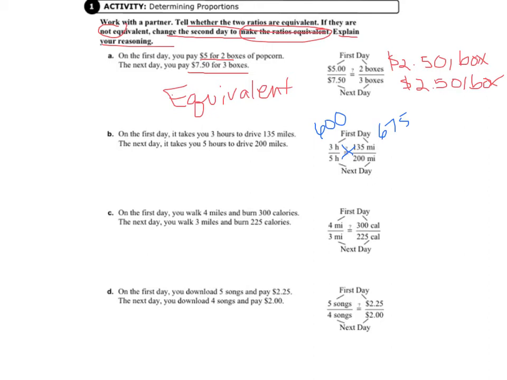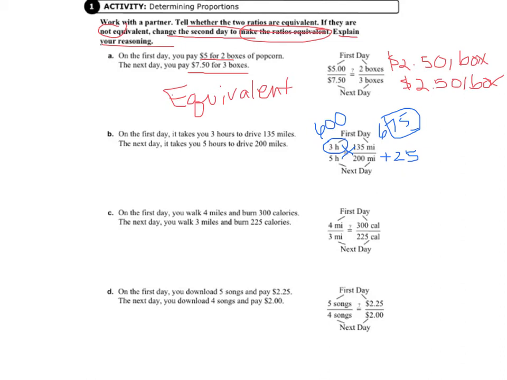So in order to fix that, one way is to think about your 75 miles and realize that on the first day you had 3 hours to divide 75 by. So the missing 75 miles that you need to make up: 75 divided by 3 is 25. If you add that 25 onto your 200 miles, then you end up with 225 miles.